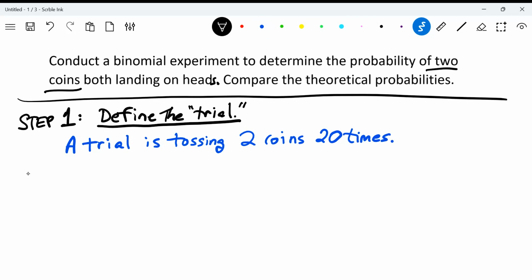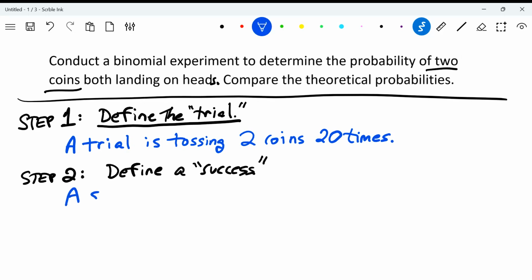Now we're going to look at what step 2 is. For step 2, we're going to define what a success is going to be. A success is both coins landing on heads.